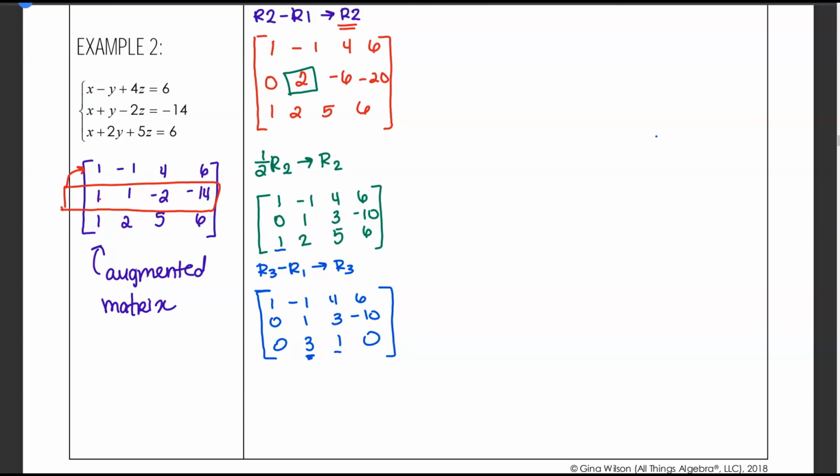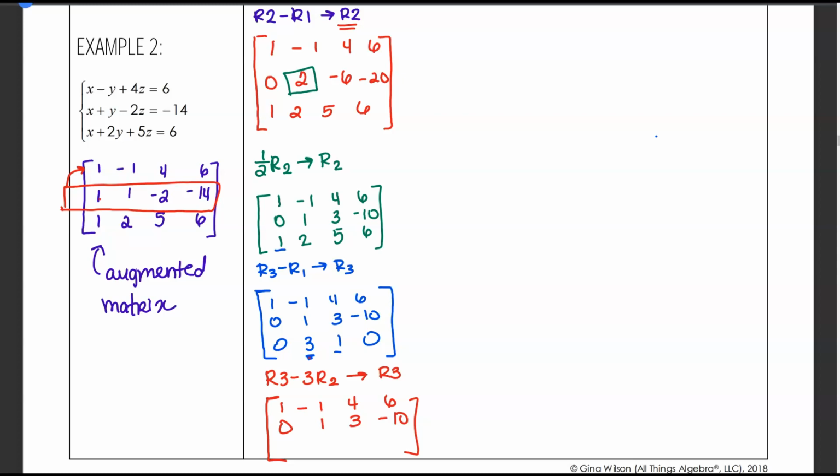I'm going to take row 3 and subtract 3 times row 2. We're going to make that change on row 3. So row 1 stays the same, row 2 stays the same, but now row 3 is going to be subtracting 3 times row 2.